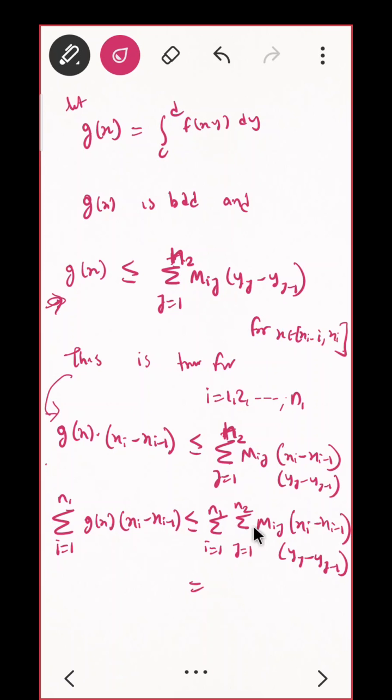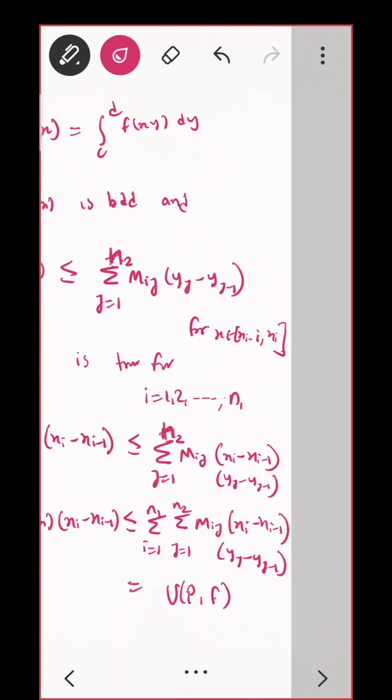Can you tell me what this term is? Capital Mij times xi minus xi−1 times yj minus yj−1. That is your UPF. Do you see that? This term. So till now what did we prove?